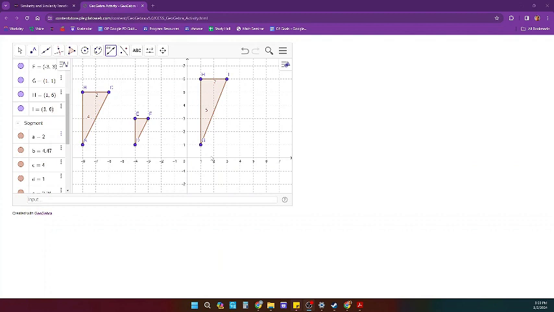If either one of those fails, then they are not similar. So that works with rectangles, pentagons, hexagons. It works for most any shape that you're going to work on in geometry. So keep that definition in mind. Remember those tests, and good luck with the rest of your unit.